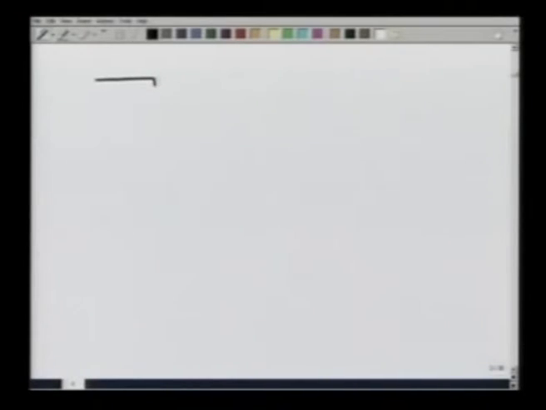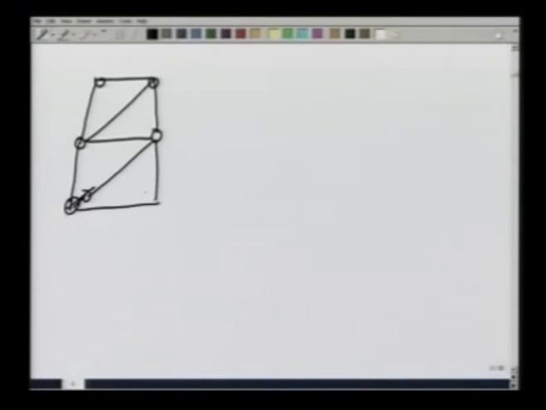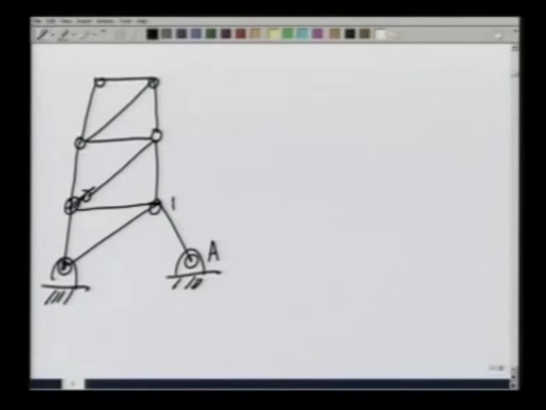So, let us look at this truss, which is like this. Sorry, this is up to this point, this is vertical, this is again, now this is A, B, C, D, E, F, G, H. Apparently an indeterminate problem, but let us see if we can solve for forces in different members.